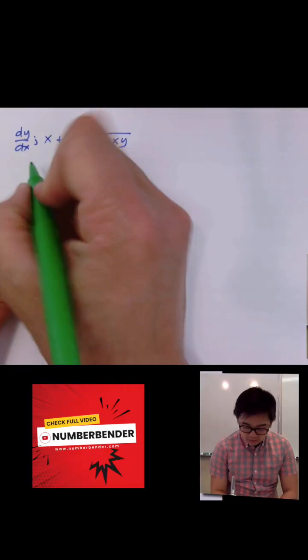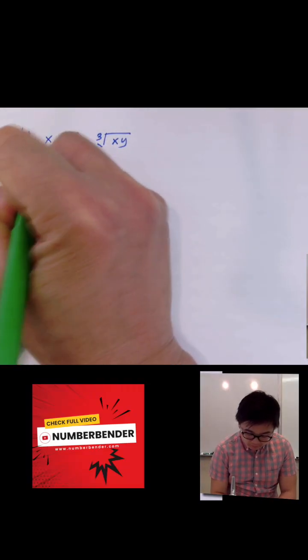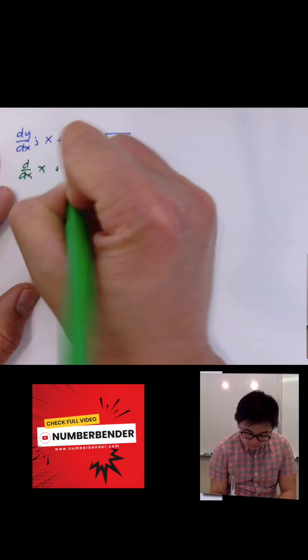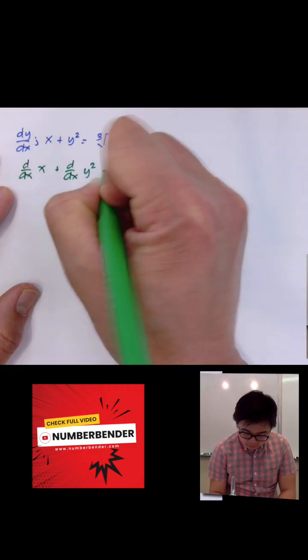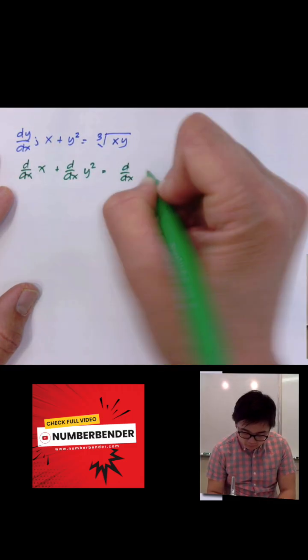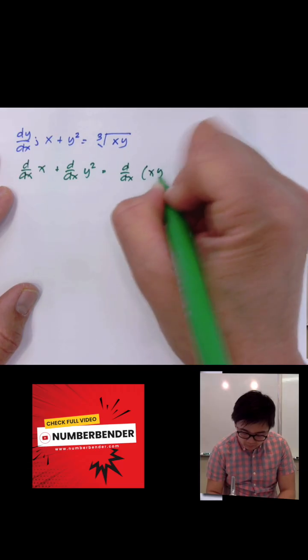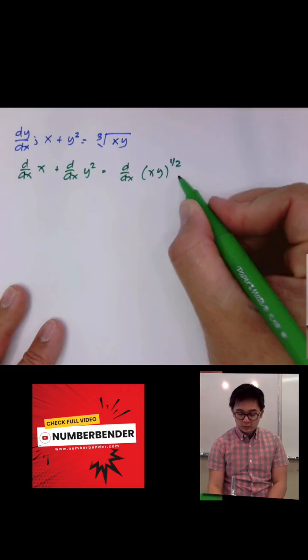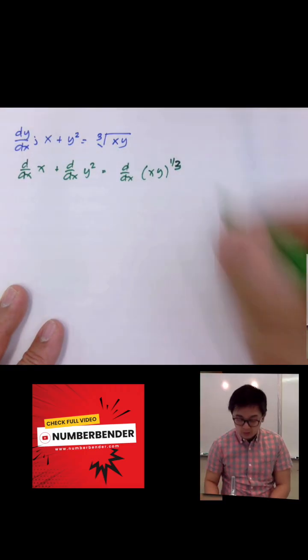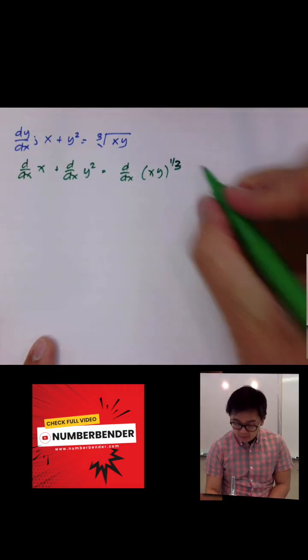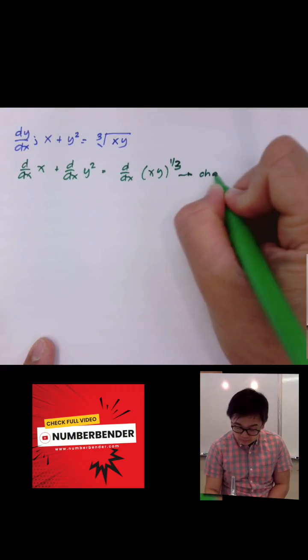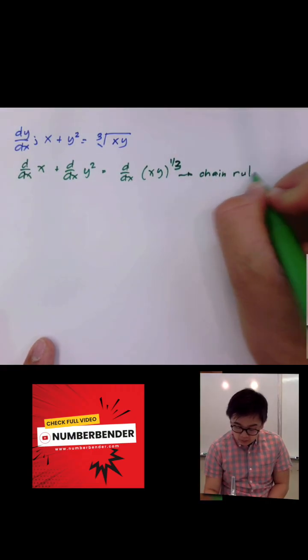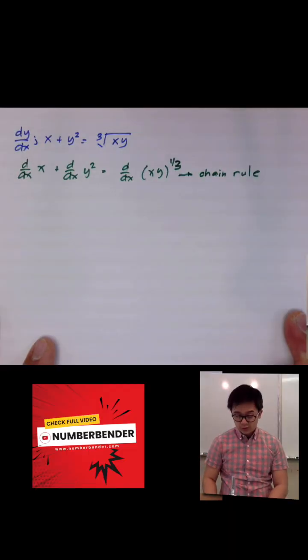So taking the derivative of each term, notice that I changed my cube root into 1/3 so that I could apply the chain rule later on in taking the derivative of this term.